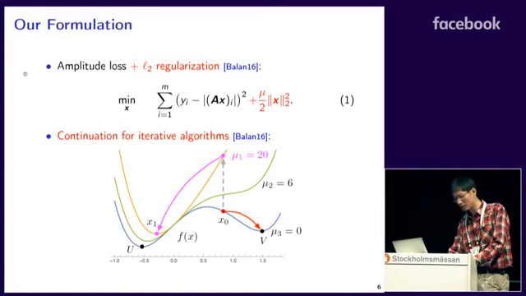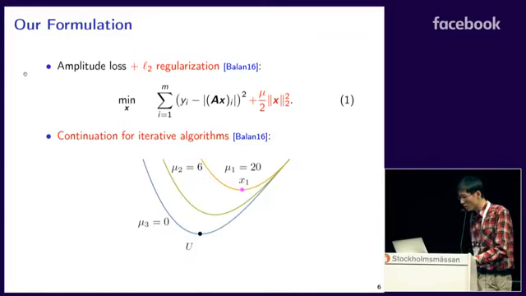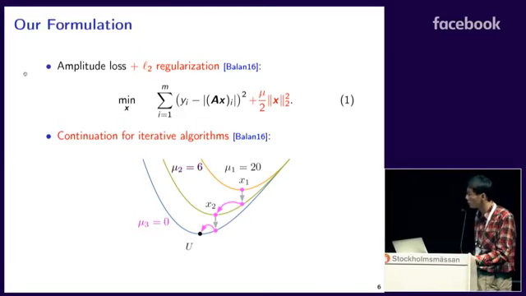And if we look at the region around x1, we can use x1 as an initialization for an even smaller regularization parameter, mu2, apply the iterative algorithm again and get a better estimate, which is x2. And again, we can use x2 as an initialization for an even smaller regularization parameter, mu3, and eventually we get to the global optimum, which is u.